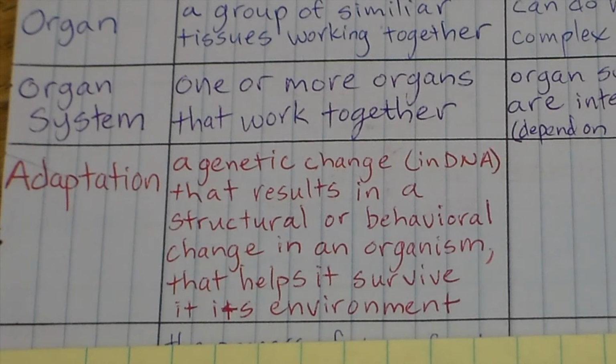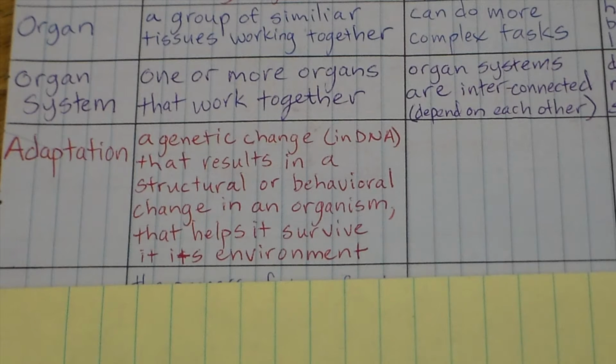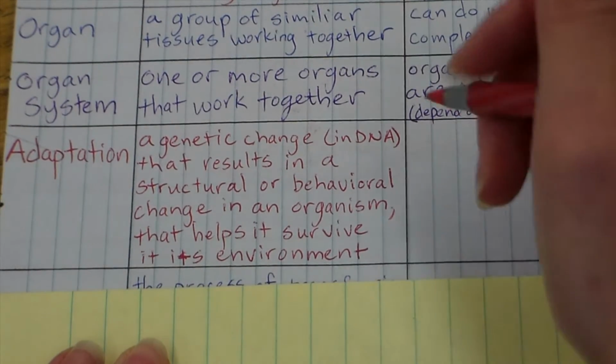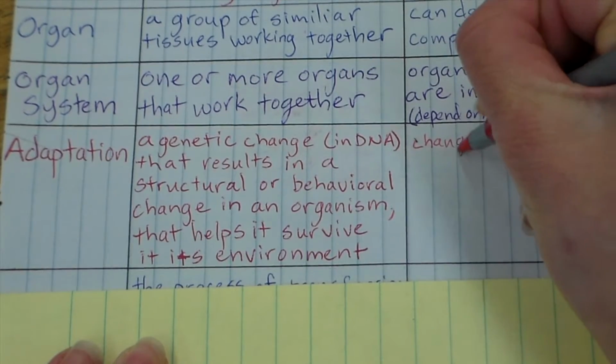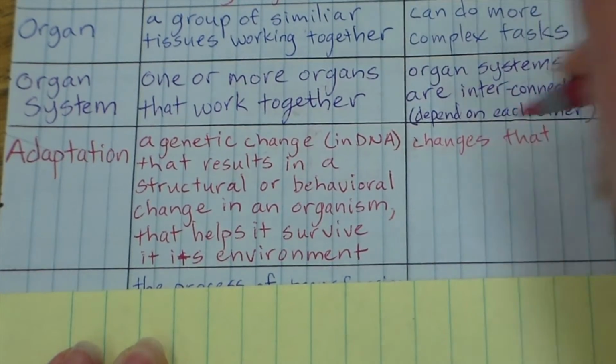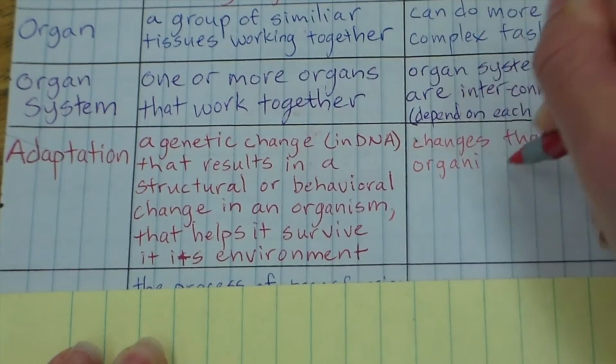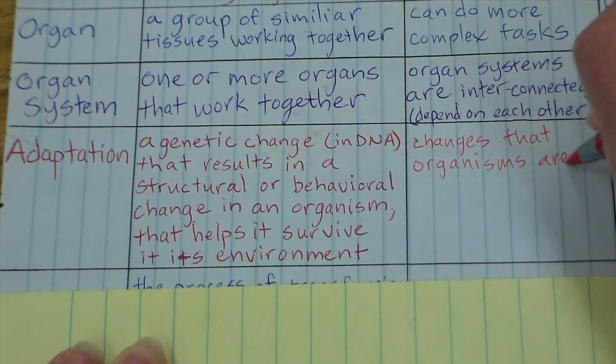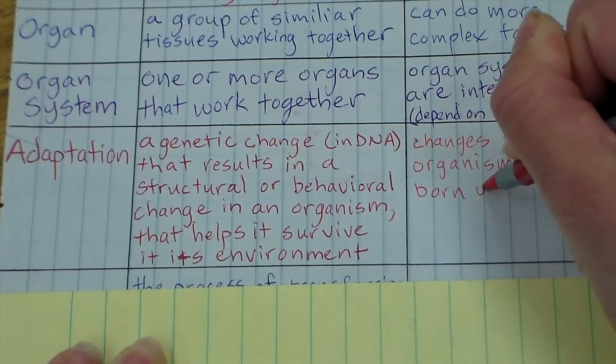So what we're going to put in the details box, and this is very important, adaptations are things organisms are born with. It's not something that they grow an extra arm because they need it, or they suddenly develop the ability to change the color of their fur. This is something that they are born with. So these are changes that organisms are born with.